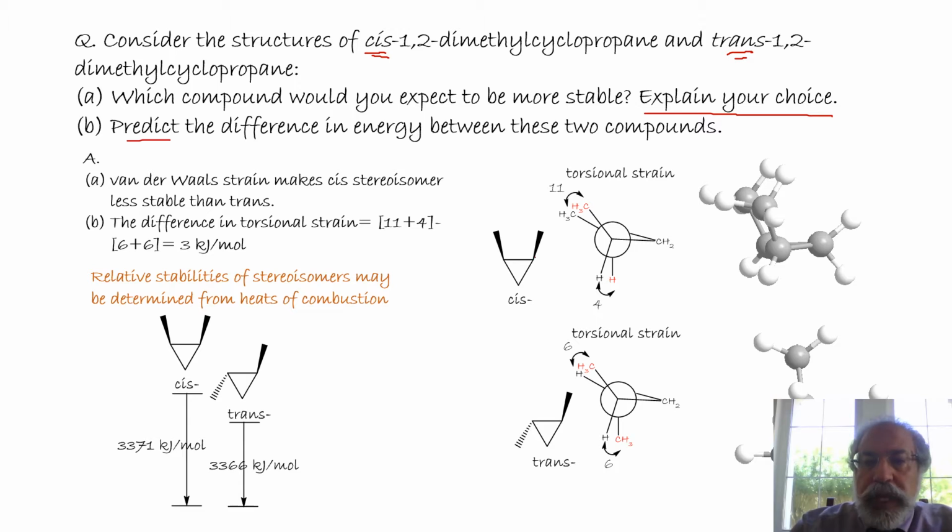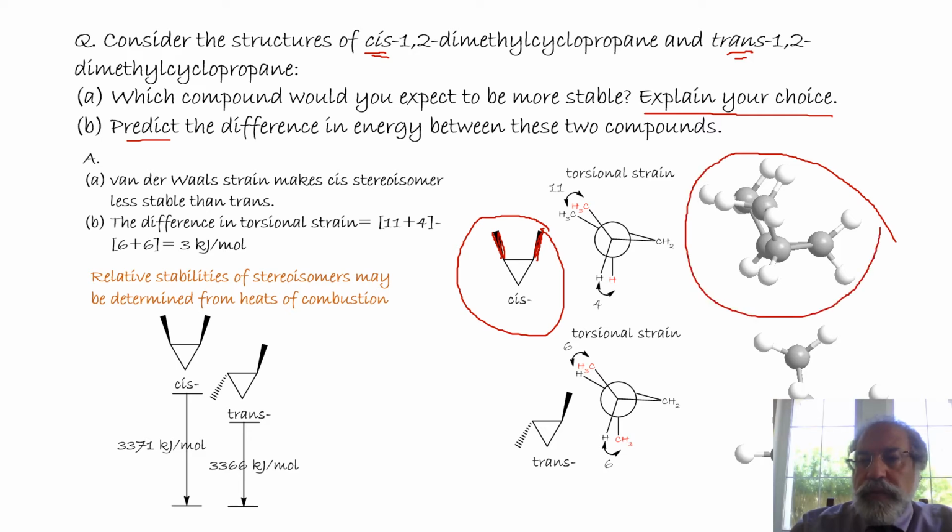Cis means that the methyl groups are on the same side, and here they are on the same side, up. What I do, I take the structure from 2D to 3D. It's very easy, using several programs that are available to do that. Now, if I look at this, the other will be in the back.